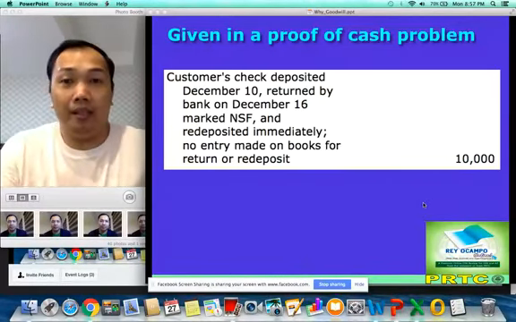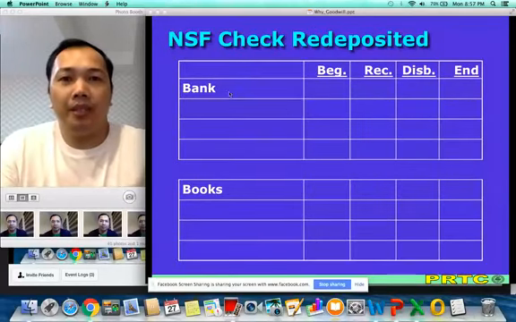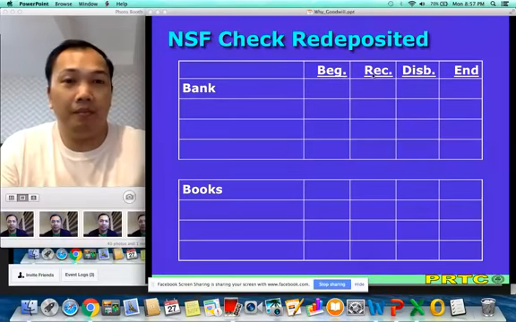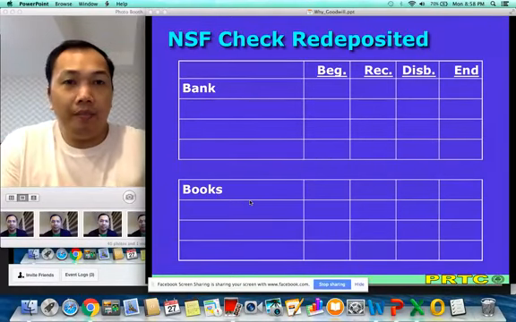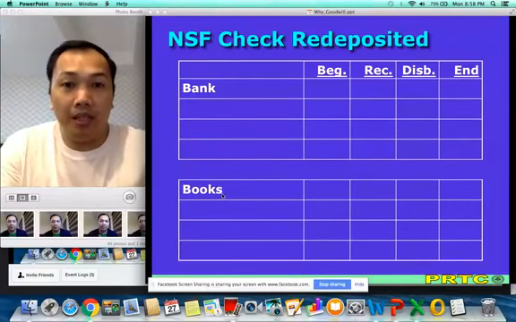So let's analyze. Here's the bank portion and the book portion. In a proof of cash, there are 4 columns: beginning, receipts, disbursements, ending. One for bank, one for books. Kaya minsan tawag sa proof of cash, 4-column bank reconciliation. Now, originally, the transaction is collection, so dito nag-originate yan sa books.